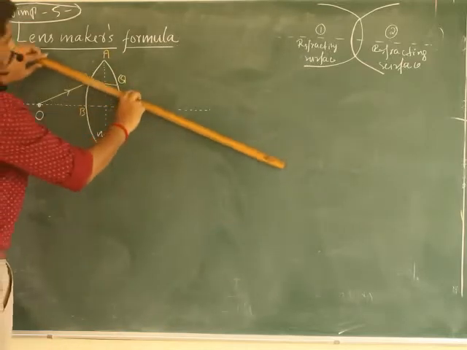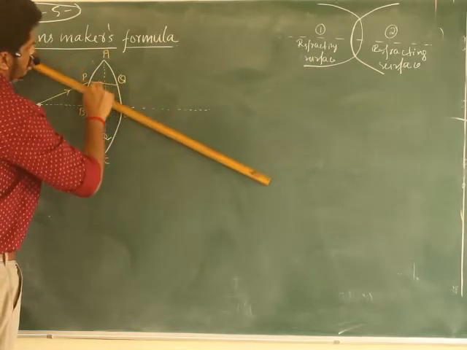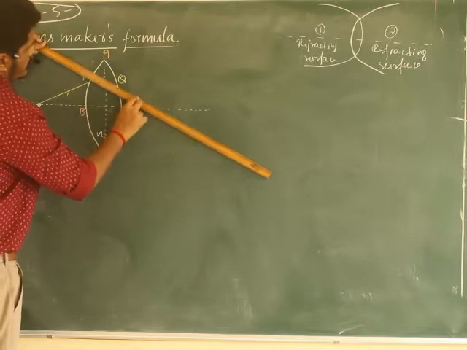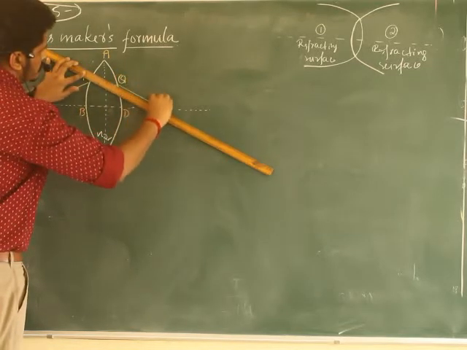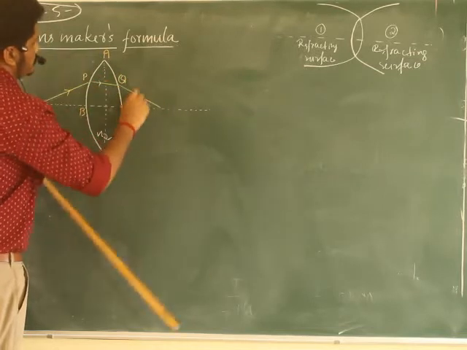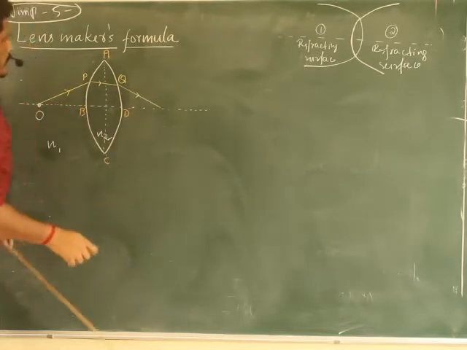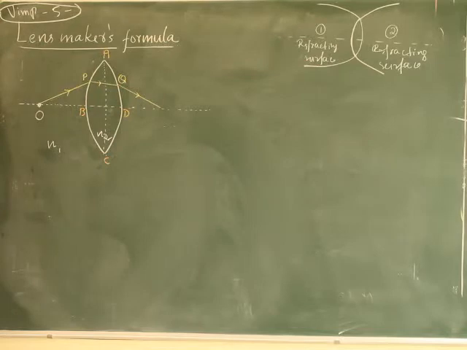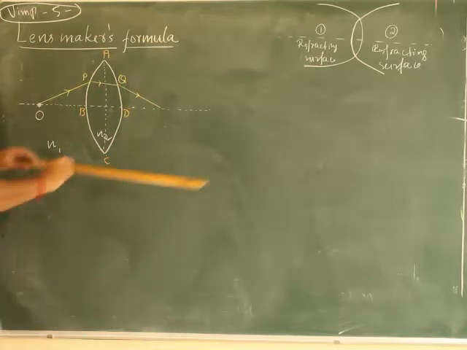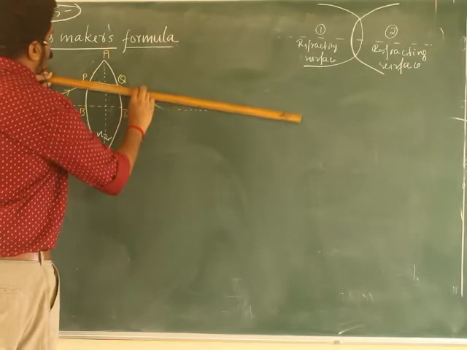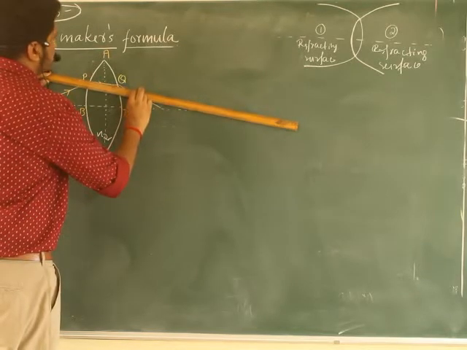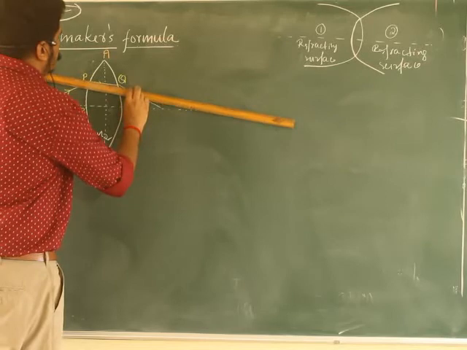again it has to undergo what? Refraction, am I right? Because this is denser to rarer. Again refraction takes place like this. And now one more thing I will consider is, if it was not undergoing refraction, what would have happened?